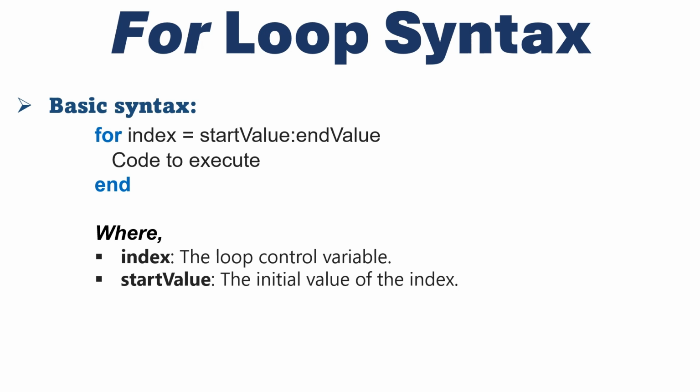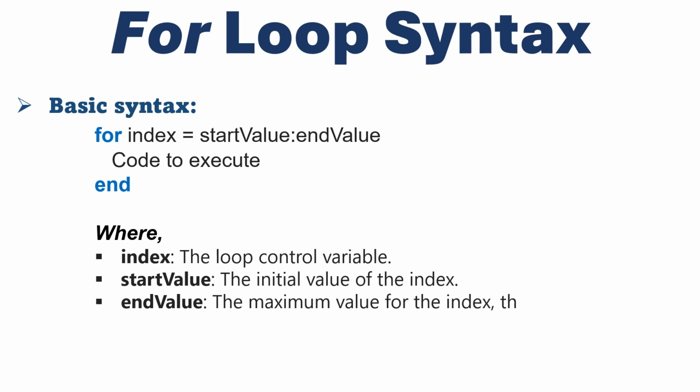And the end value is the maximum value for the index, the loop will run until that value is reached. So the index is a variable, the start value is the initial value of that variable, and the end value is the last value up to which you want to run your loop. This is called the basic syntax.